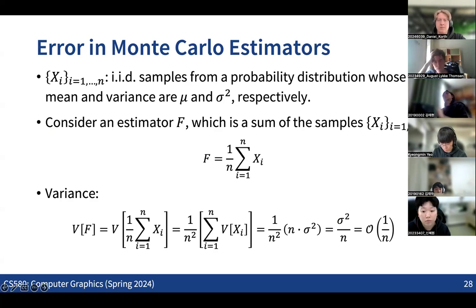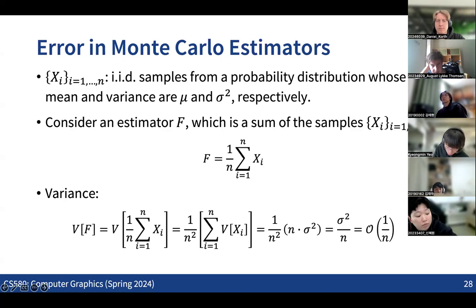If we check the variance of this estimate, when each of the IID samples has mean mu and variance sigma squared, and we compute the variance after doing the derivation based on the rules we discussed in the previous slide, we can see that the variance of this estimator becomes proportional to 1 over the number of samples.